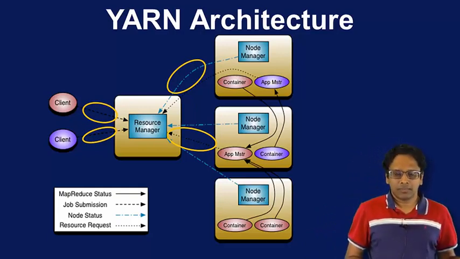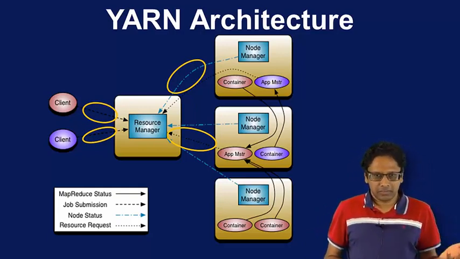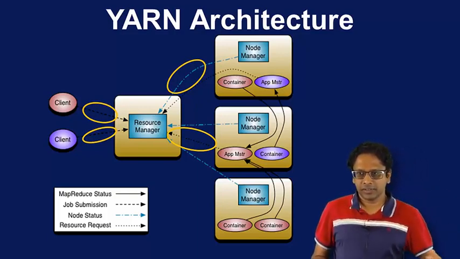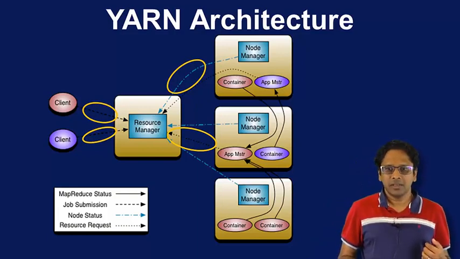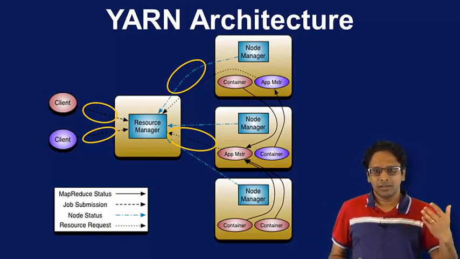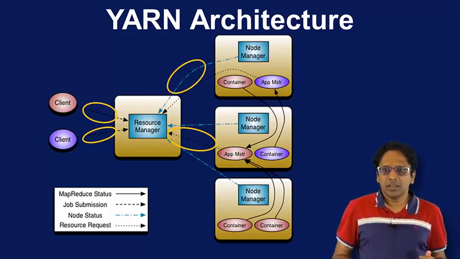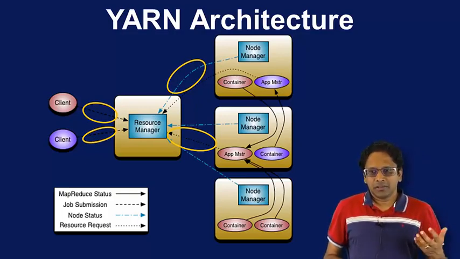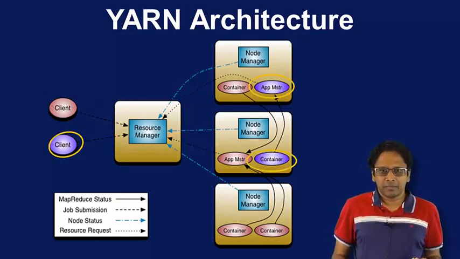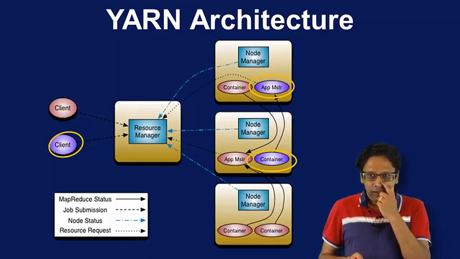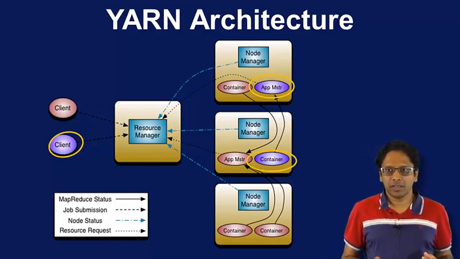There's also an applications manager component in the resource manager, and all it does is negotiate the first container for the application. In this picture, you'll see the application master on the nodes, and it also restarts these if there is a failure. But the actual job management is now being done by the application master.